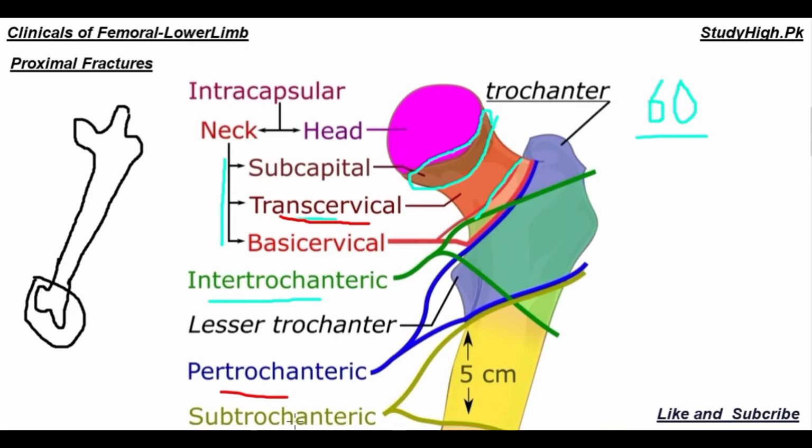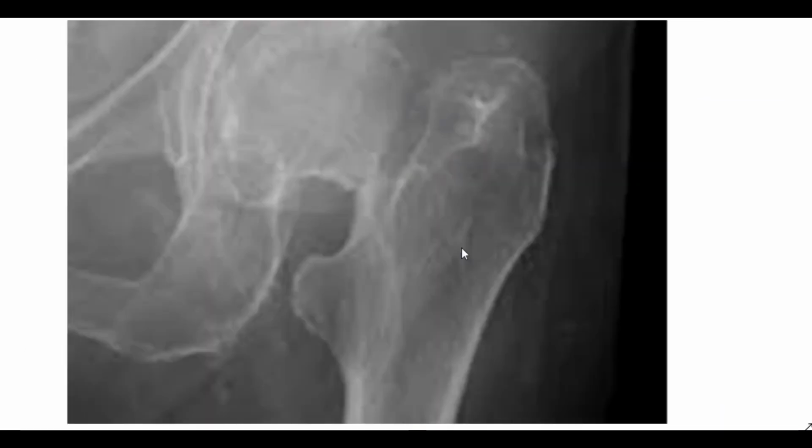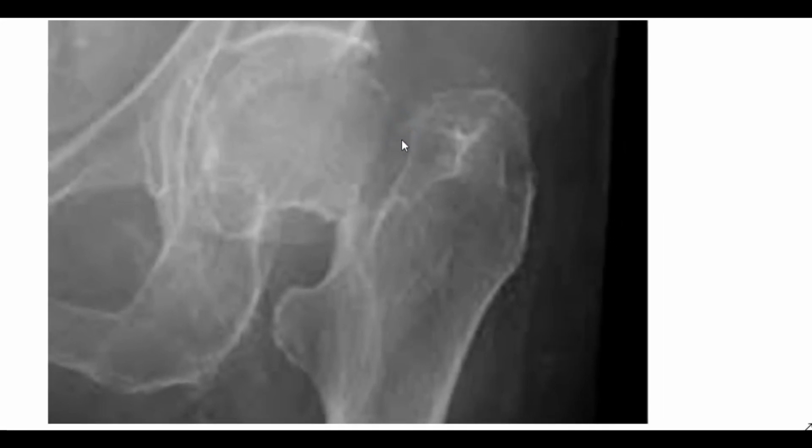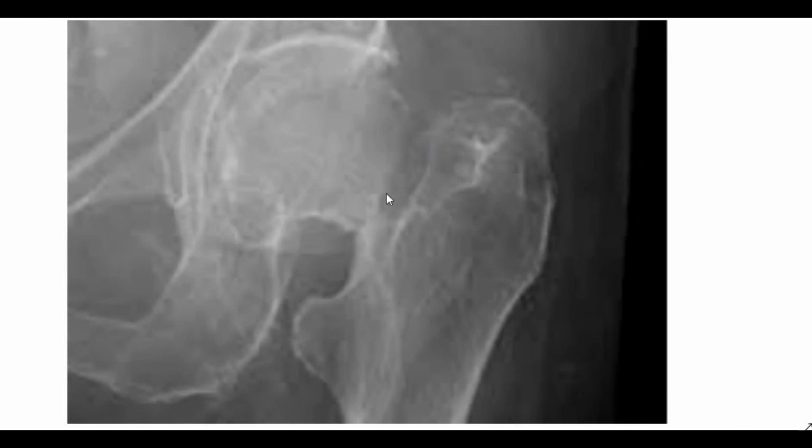So there are different types of fractures depending on the location, and you can interpret which area is suffering or which fracture is present in the patient, whether it is subcapital, transcervical or intertrochanteric. According to your radiographs, here is a radiograph of a transcervical fracture of the femoral neck, in which, as you can see, this area is darkened.